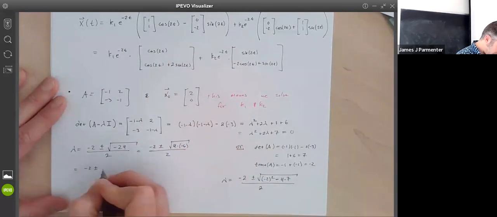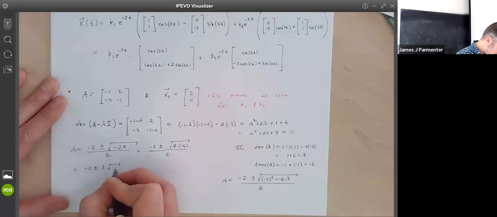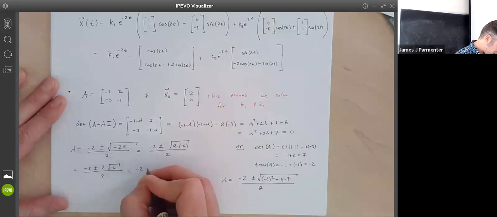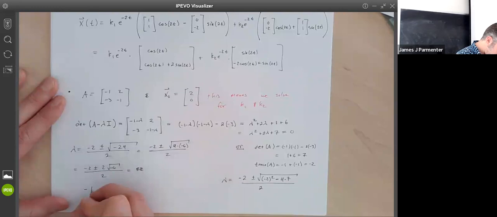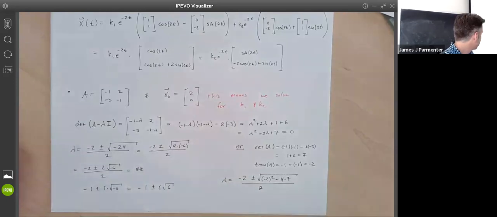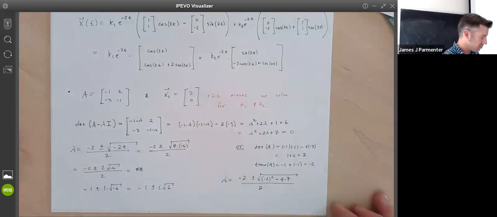So it's -2 plus or minus 2 root -6, over 2. That's -2 divided by 2 plus or minus 2 divided by 2 times the square root of -6, or preferably -1 plus or minus i root 6. There are other ways to get there. That's the way I probably see it best.